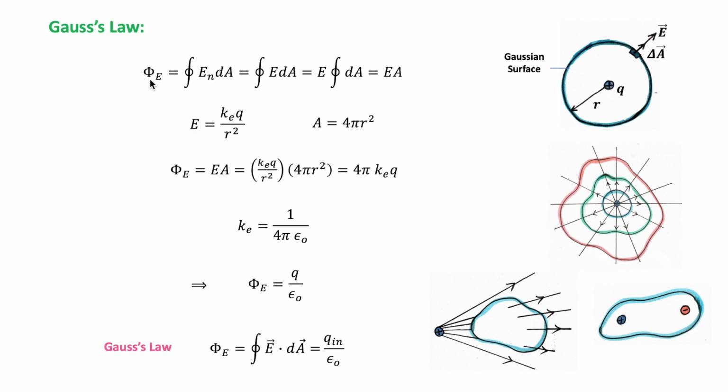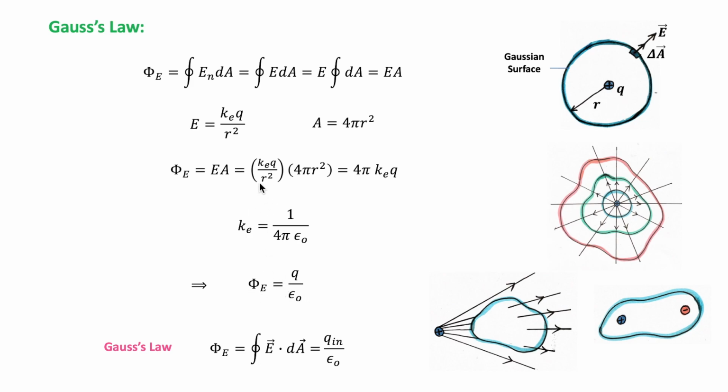So we have for the electric flux integration of E dA. So we put E out of the integration and we integrate dA, which is equal to EA. And E for a point charge at a distance r is given by this equation. And this is the surface area of the sphere. And so we get, for the electric flux, this equation, okay, if we substitute.